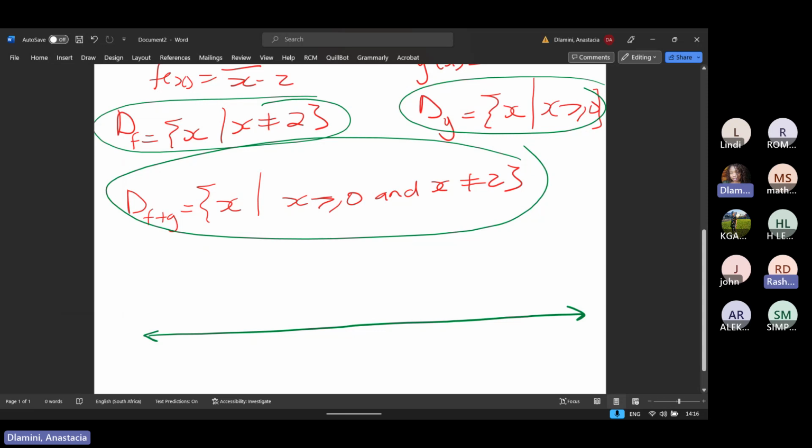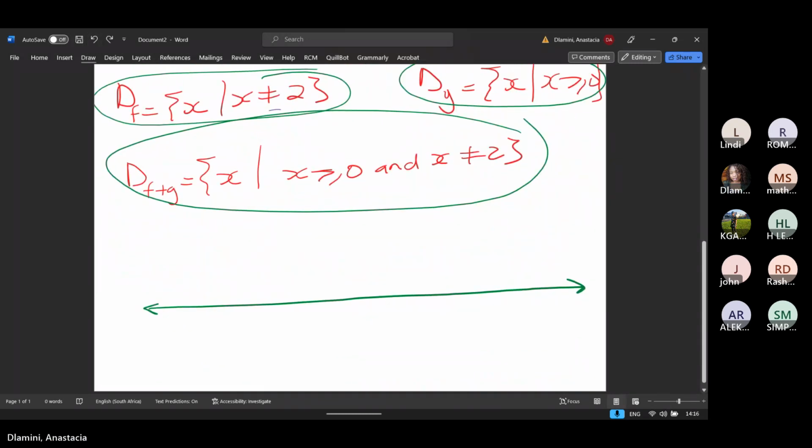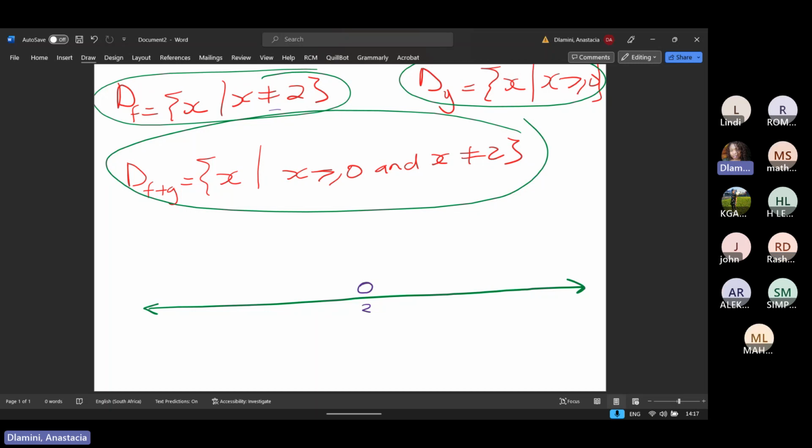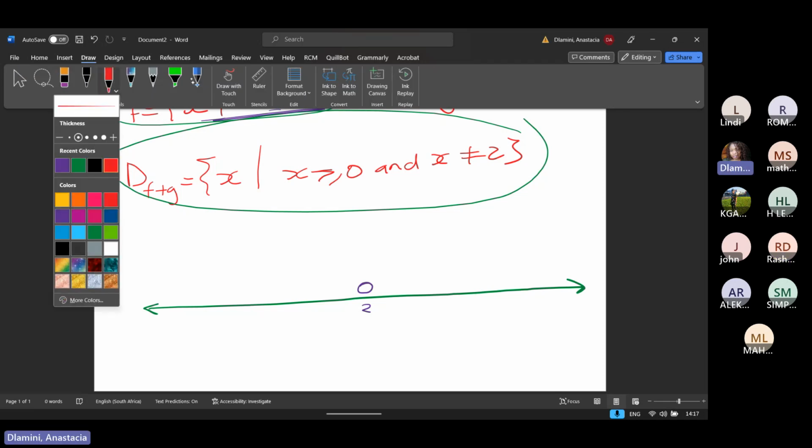So let's draw the domain of, let's start with the domain of x not equal to 2, the domain of f. So we go here, we put a 2 here. Would it be a closed circle or open circle? Open circle. Thank you. It will be an open circle because we're not including 2. So what does this domain mean?